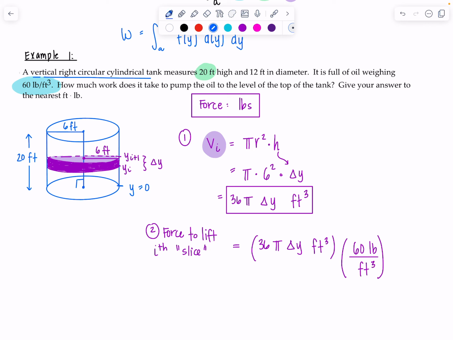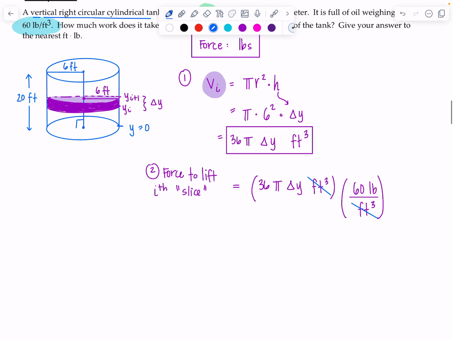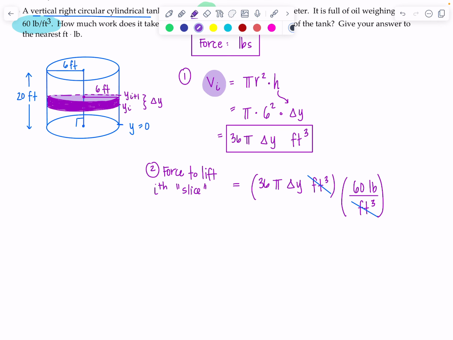Then you can see so clearly, bam, bam, these units cancel out. It's most satisfying. And what units will I be left with? Pounds. Isn't that force? Beautiful. So then you're just going to take 36 pi times 60. So that's 2160 pi. And then we still have delta y pounds. Boom. So now we have force.